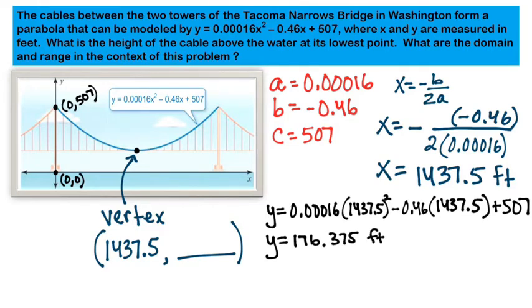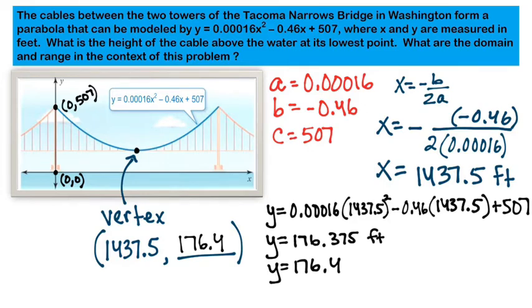So if I round off to the nearest tenth, that will be a y value of 176.4. So the vertex of the blue parabola in the picture is 1,437.5, comma 176.4.